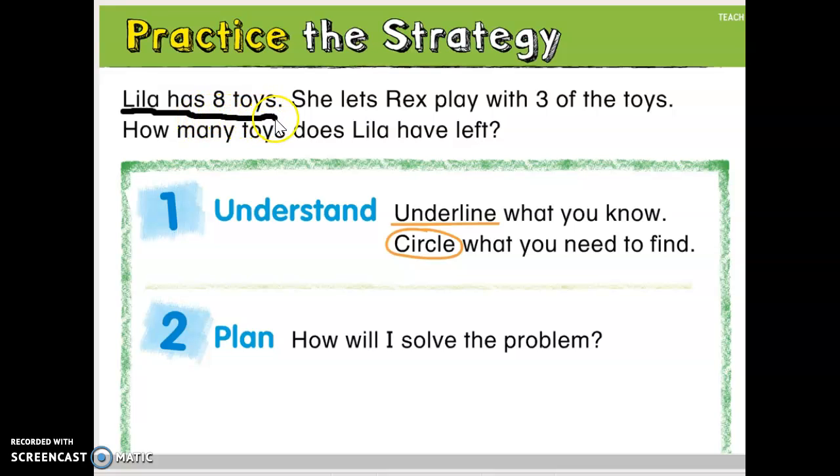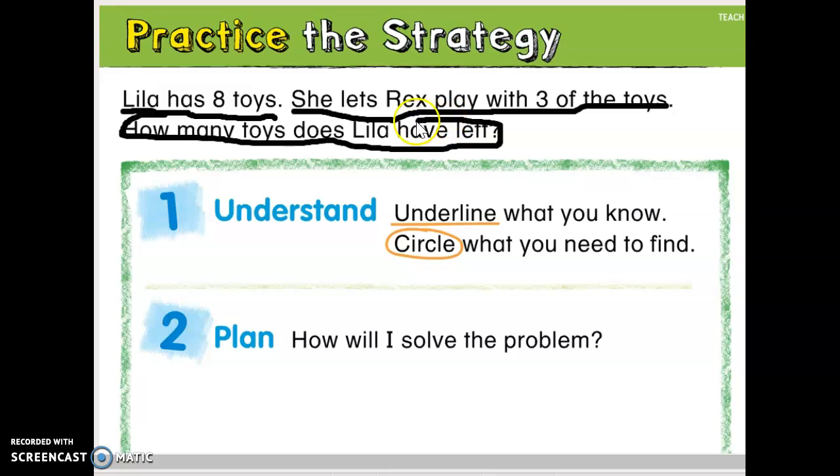So go ahead and underline that. Then she lets Rex play with 3 toys. We also know that, so go ahead and underline that. What we want to know is how many toys does she have left. So this is the part we're going to circle. That's the part we're going to solve. How many does she have left?